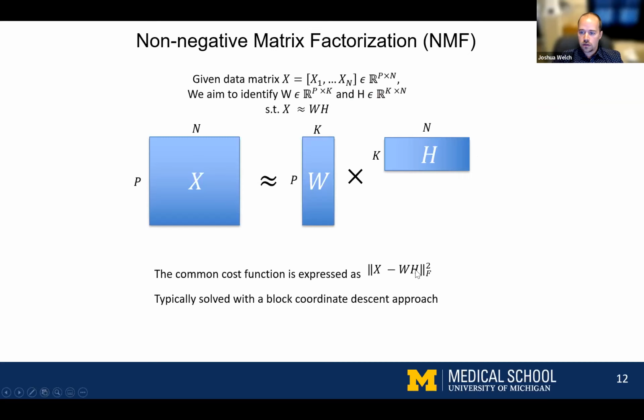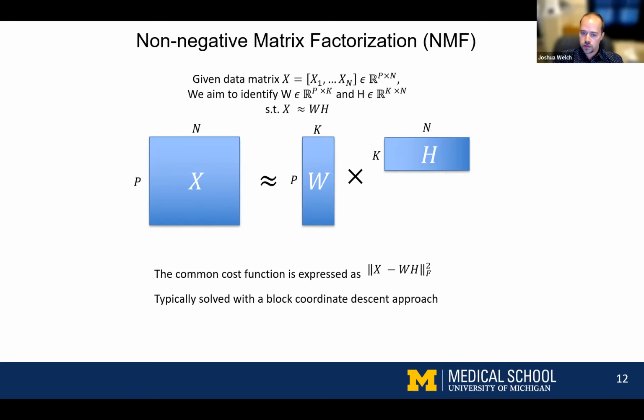So just a few words about how the algorithm actually works. This is a form of non-negative matrix factorization. For simplicity, I'm just going to present how the algorithm works using only a W and an H matrix, but we also have V's and U's in our case. So basically, the typical strategy to solve an optimization problem like this is to use an iterative minimization strategy.